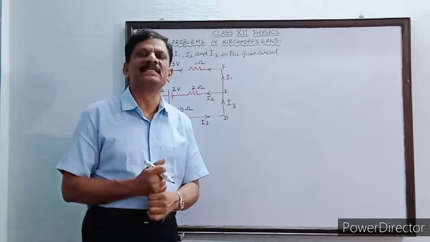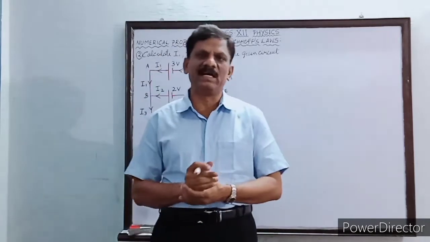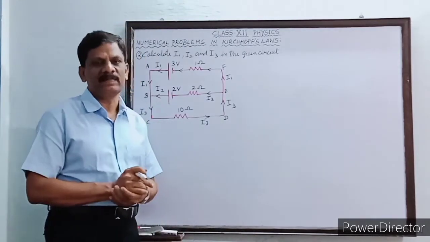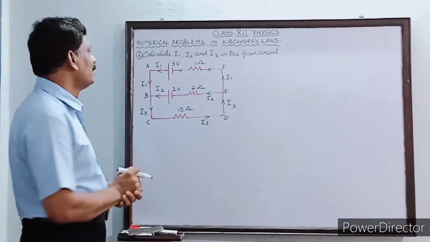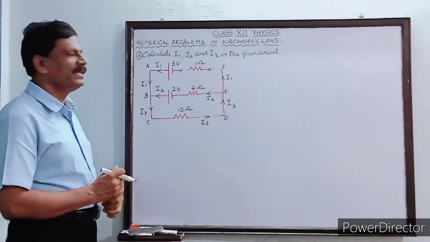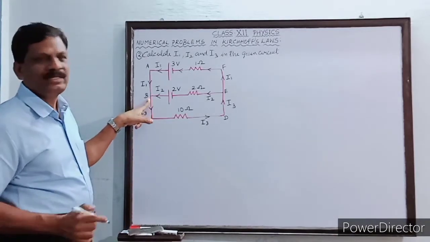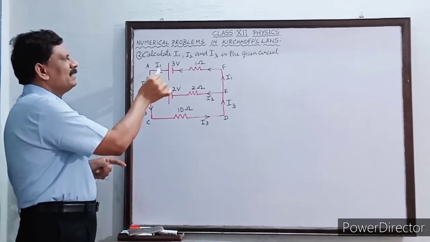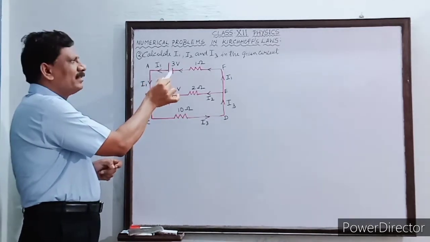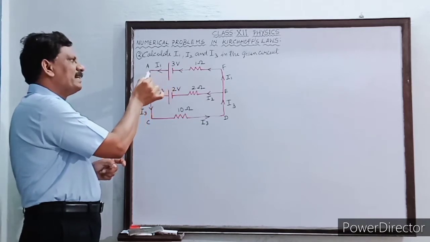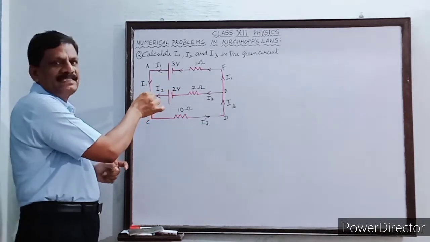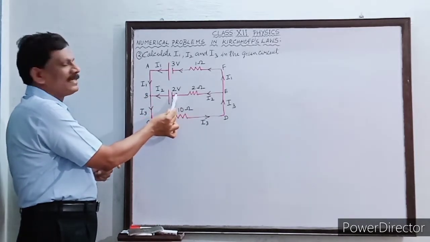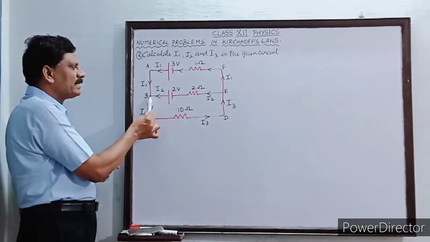We have to apply Kirchhoff's first law and second law, and we have to determine the values of currents I1, I2 and I3. Are you ready? Good. Now first I am going to see the junction B. At this junction, the current I1 sent by the first cell is flowing towards the junction, and the current I2 sent by the second cell is also flowing towards the junction.